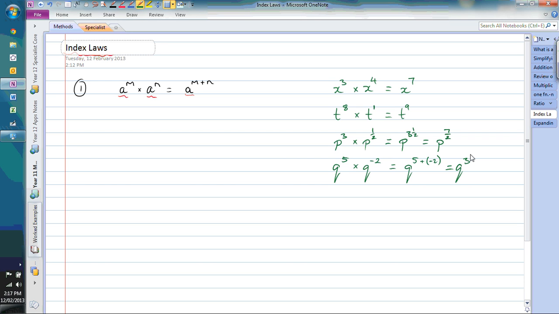All right. Question I really want to ask today, though, is where does this rule come from? Why does this happen? And it happens because of what this power means. If I write, for example, a squared times a cubed, let's think about what each of these means. A squared just means a times a.